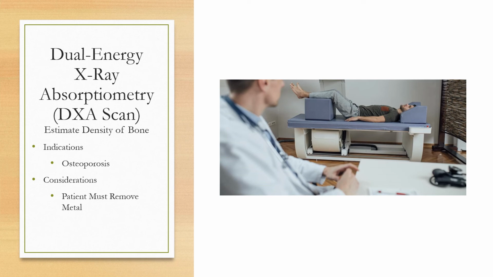So this particular test, there's no injection, there's no radioisotope, there's just two beams that are used, typically at the hip, sometimes at the vertebral column, the vertebra. And what they do is they put it through a computer, and it tells us the density of the bone.